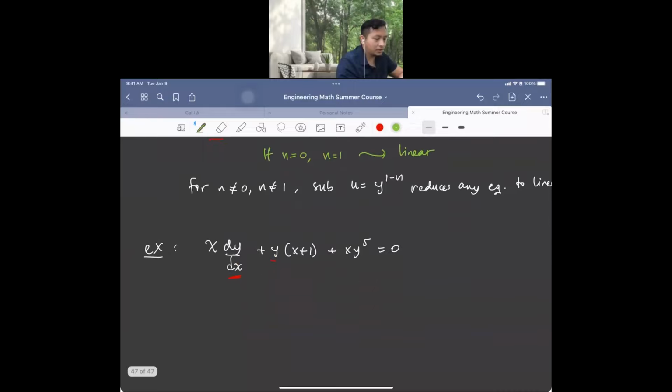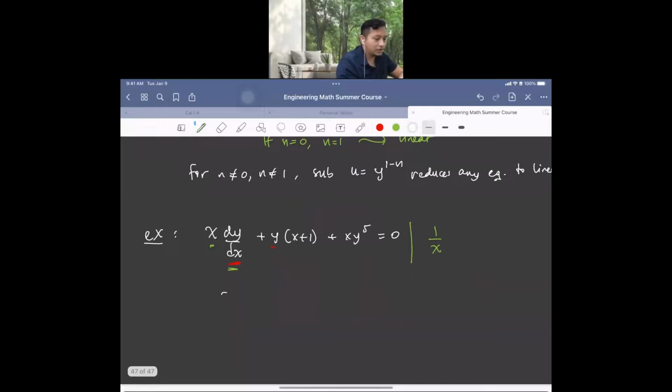Okay, so this dy over dx has x. Let's just divide by x. So dy dx plus (x plus 1) over x times y equals negative y to the power of 5.